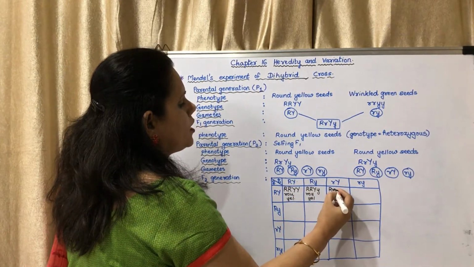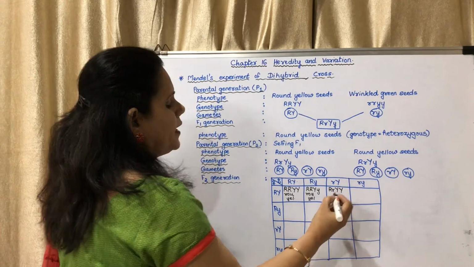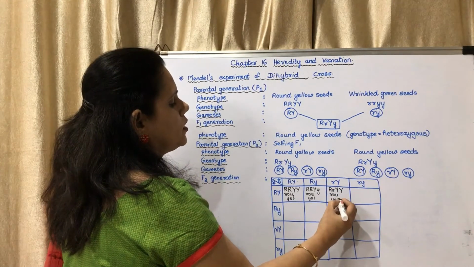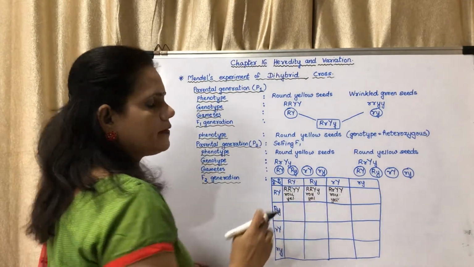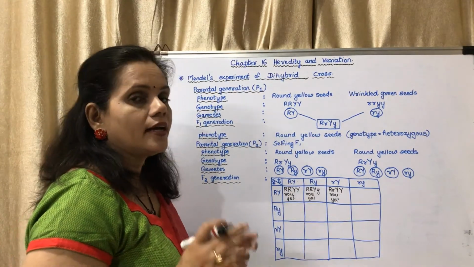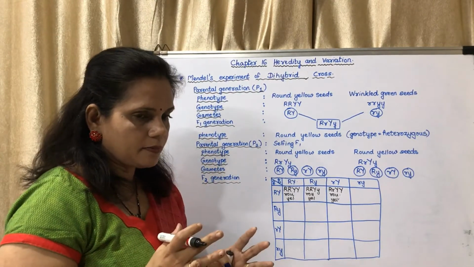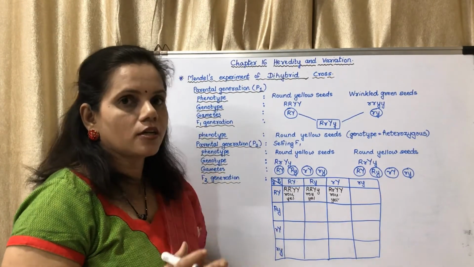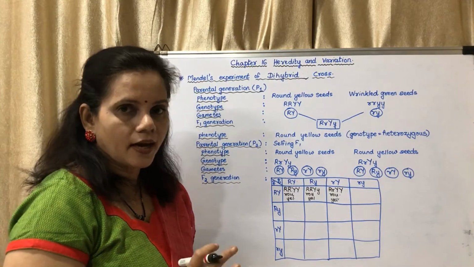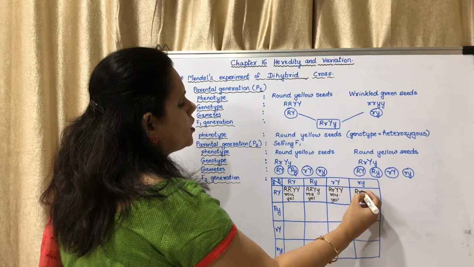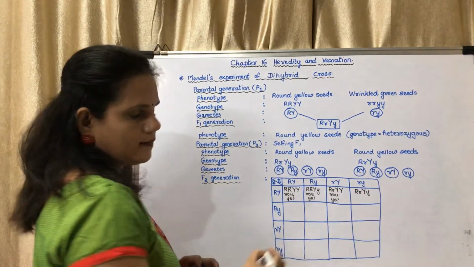Capital R, capital Y. This also will be round yellow. Even if it has one small r, it will be round. It won't be medium. Why? Because in our syllabus we have either dominant or recessive. Don't think about that now. Now this will be capital R, capital Y, small y.